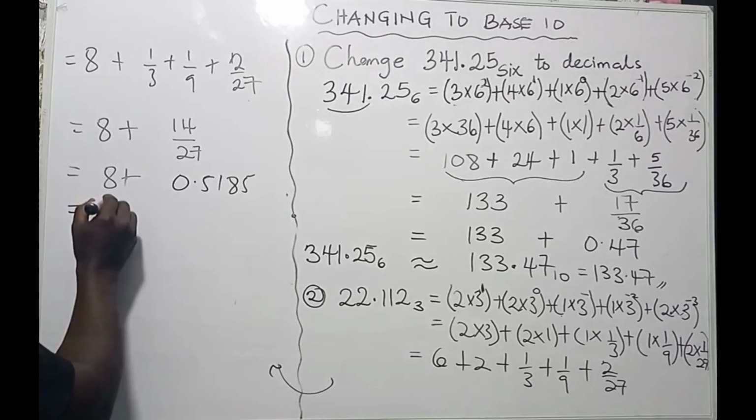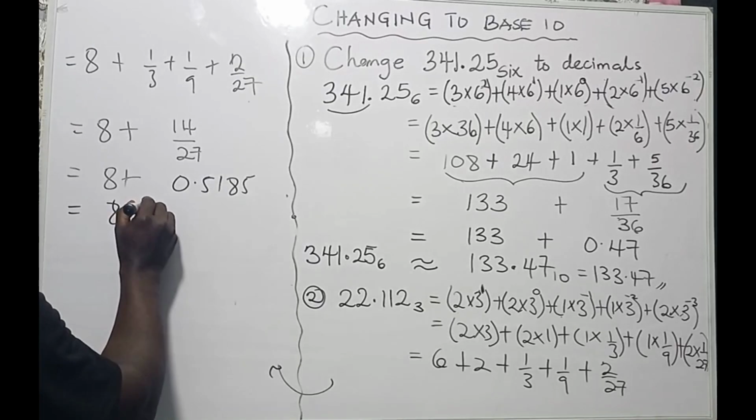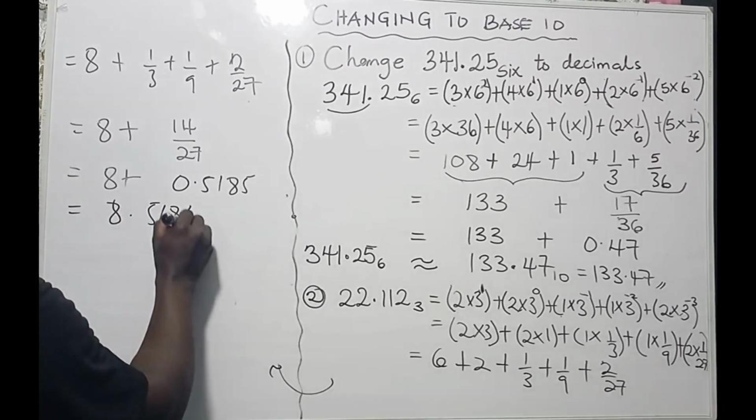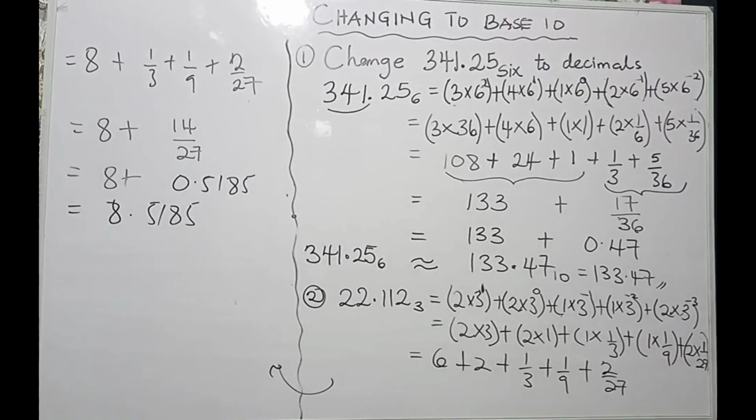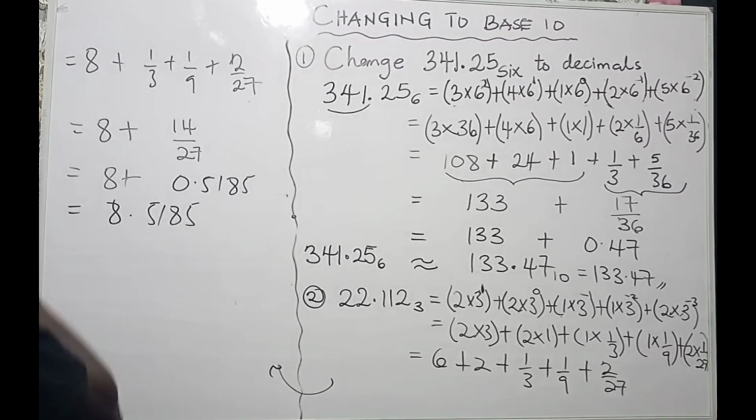So adding the two, we have 8.5185. This is an approximation because of this decimal part, so we can't use an equal to sign.